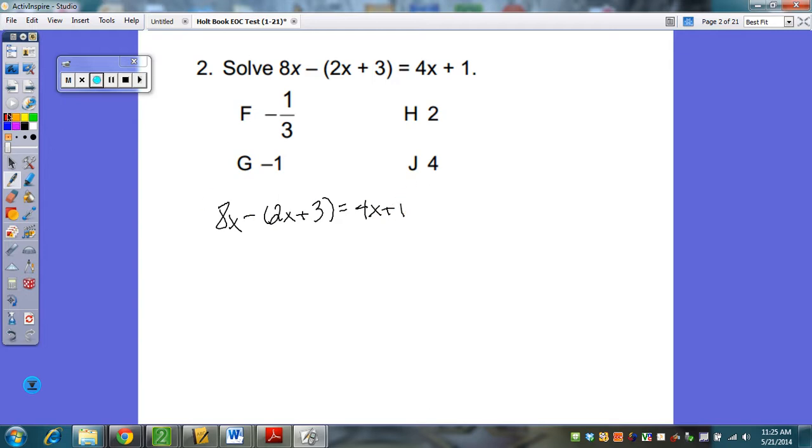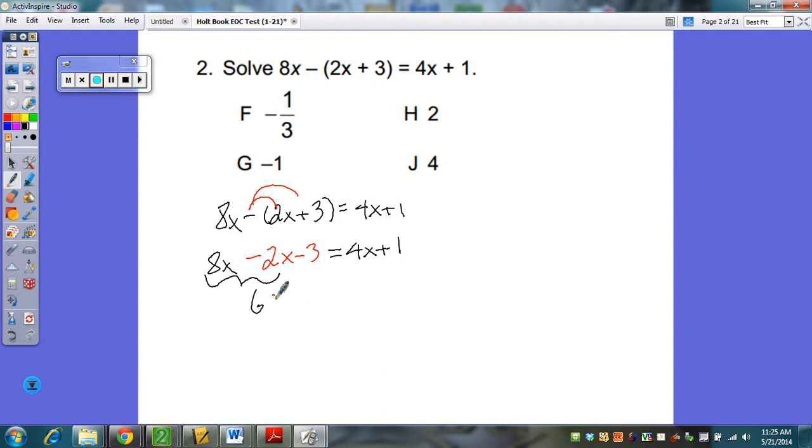So we're going to distribute this negative to both of these terms. So we have minus 2x minus 3, and then we just bring down what we had here. 8x equals 4x plus 1. Okay. Now we're going to go ahead and combine like terms.